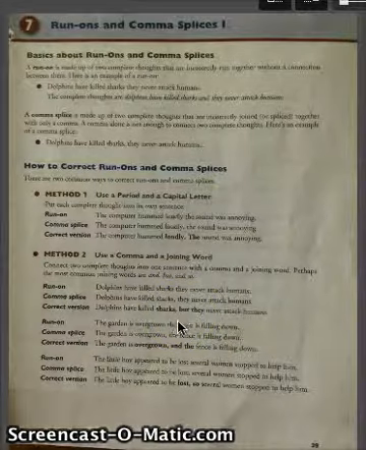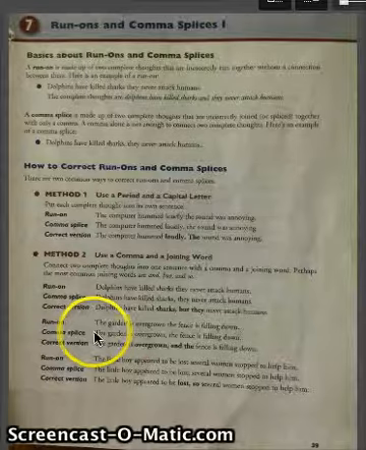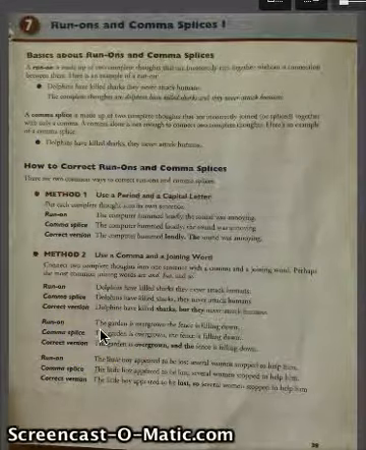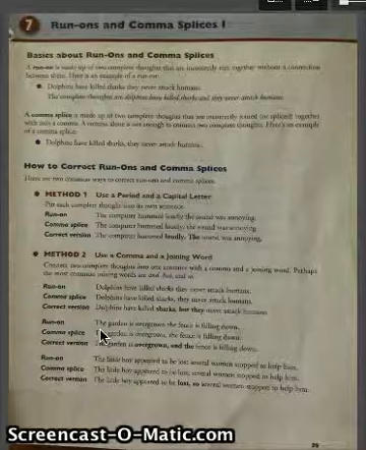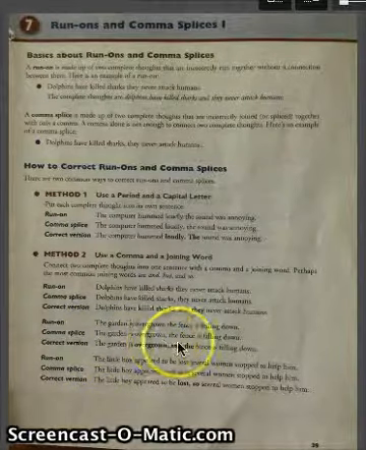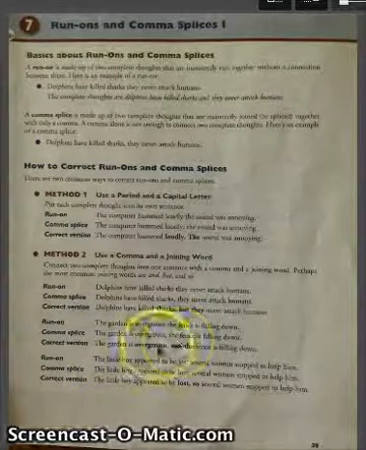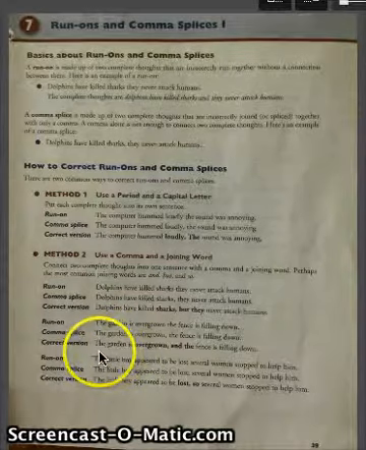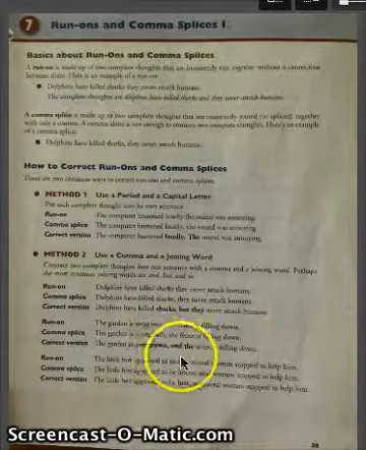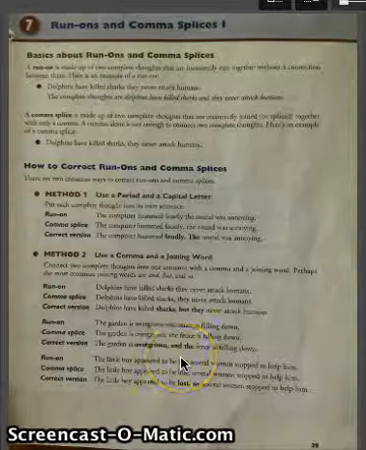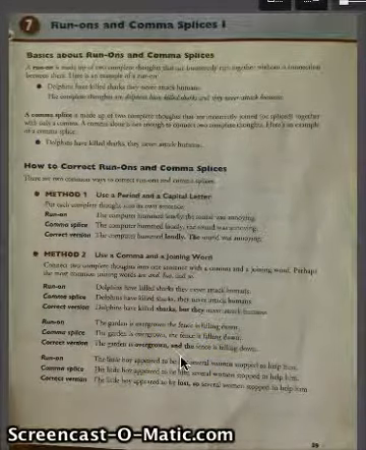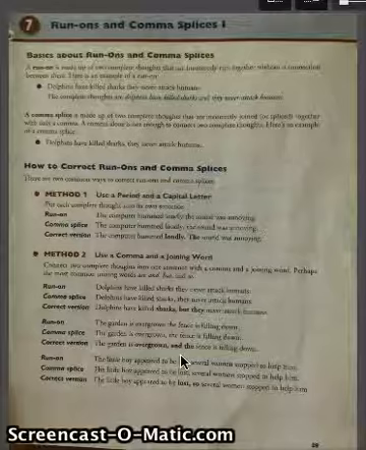Here's another example of a run-on and comma splice. The garden is overgrown. The fence is falling down. Comma splice. The garden is overgrown, comma, the fence is falling down. Correctly written, the garden is overgrown, comma, and the fence is falling down. Another example of a run-on and comma splice follows.